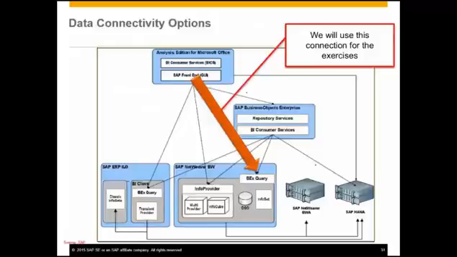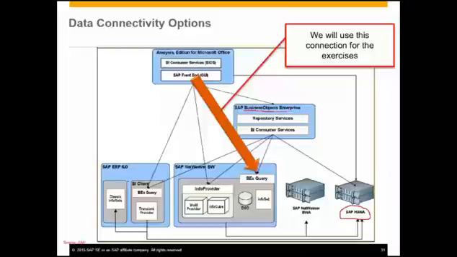So data connectivity options, again, we can access any queries, info providers in BW. We can also access data that is stored in SAP HANA. So all kinds of possibilities there. And for our exercise, we'll be using a query that is stored in BW. And by the way, the data may be accessed through the Business Objects Enterprise portal or not.